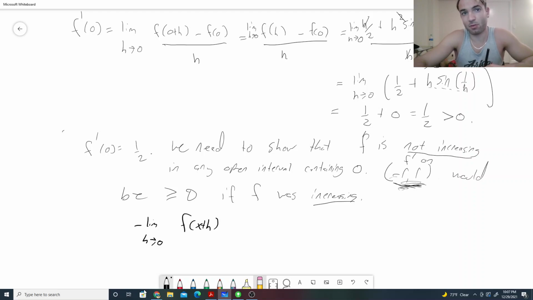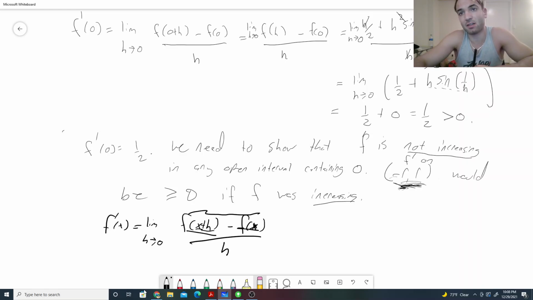This is f prime, f of x plus h minus f of x all over h. Well, assuming x plus h is inside this interval, and x is also inside this interval, then this piece here is positive because this is bigger than this.